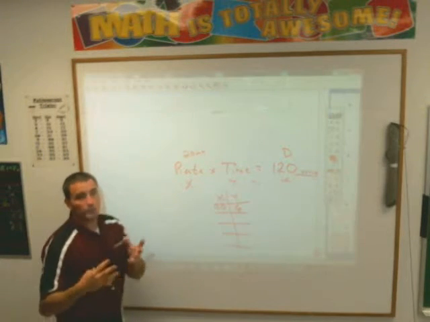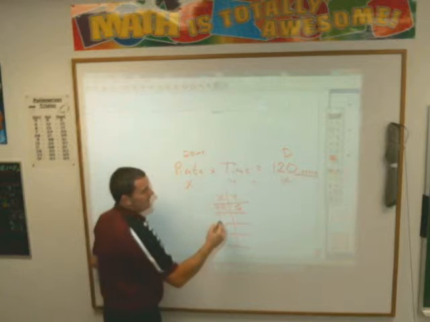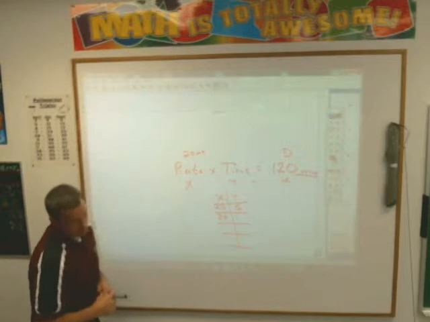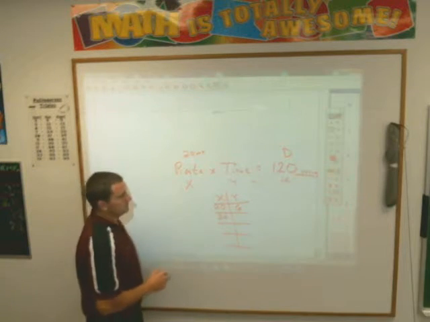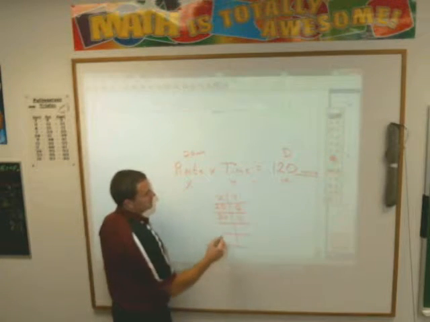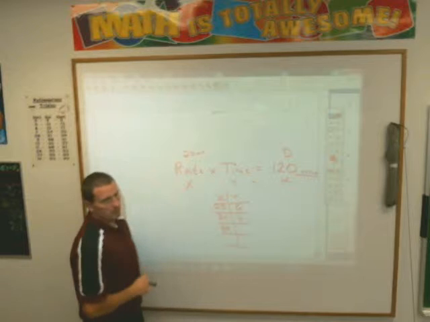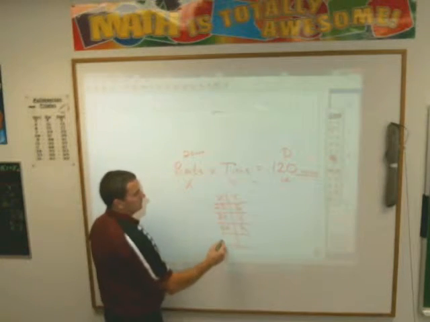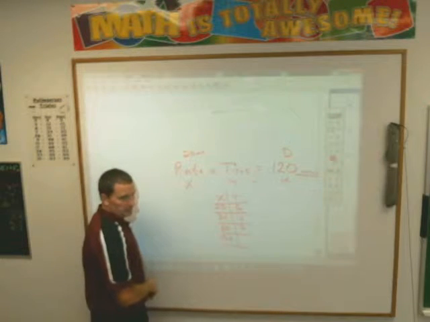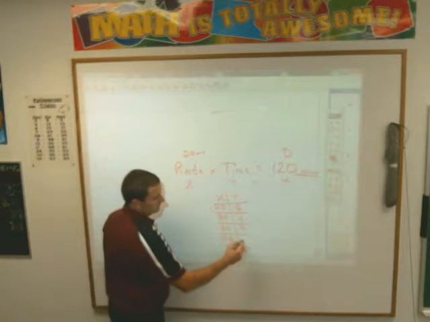But if you increase your speed to 30 miles an hour, how much time is it going to take you? 4 hours. If you increase it to 60 miles an hour, it's going to take you 2 hours. If you go 120 miles an hour, it's going to take you 1 hour.